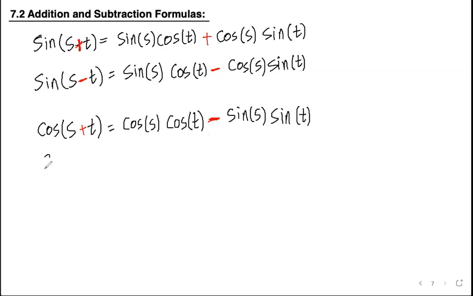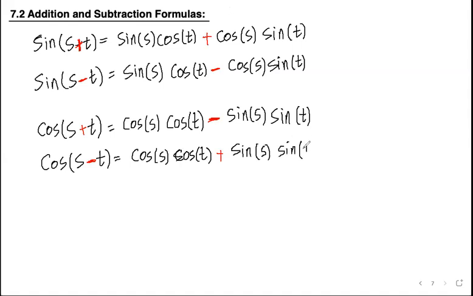Same thing for cosine of s and t difference, minus: this is equal to cosine of s cosine of t plus sine of s sine of t.